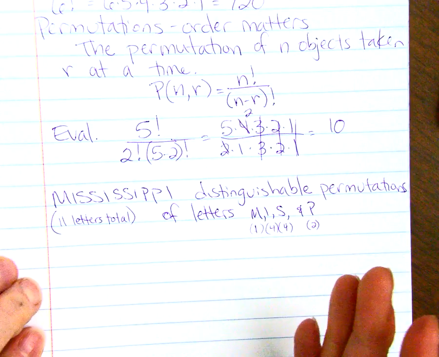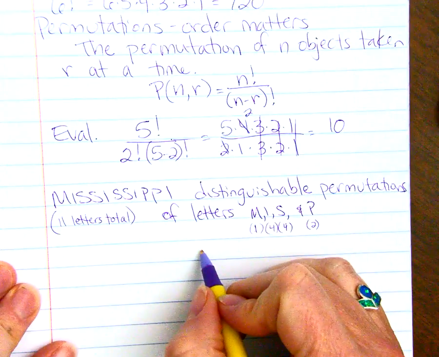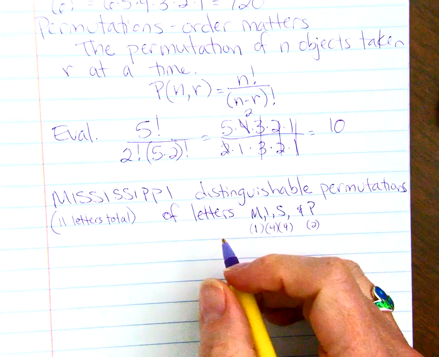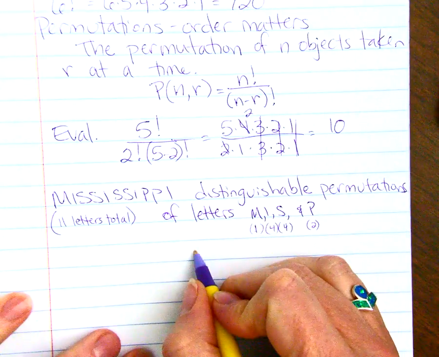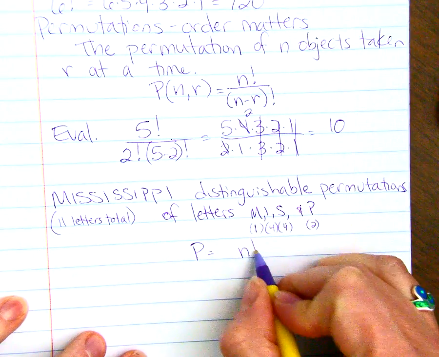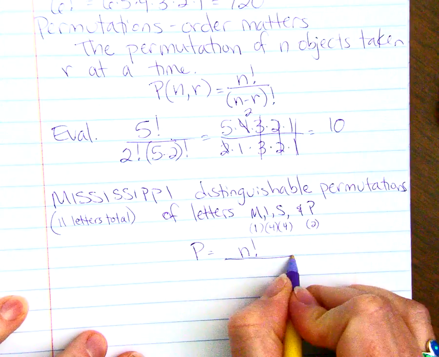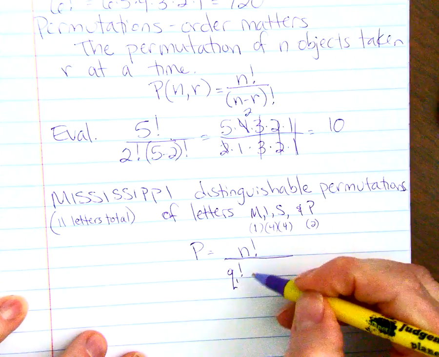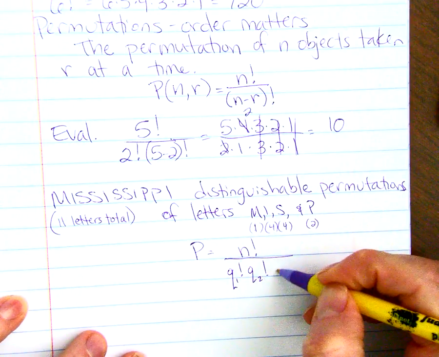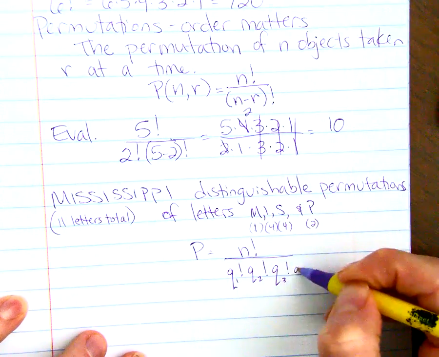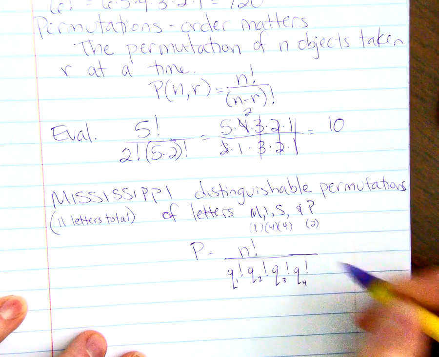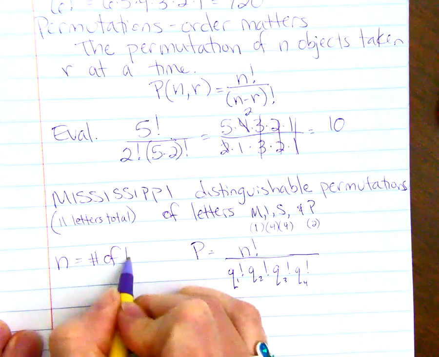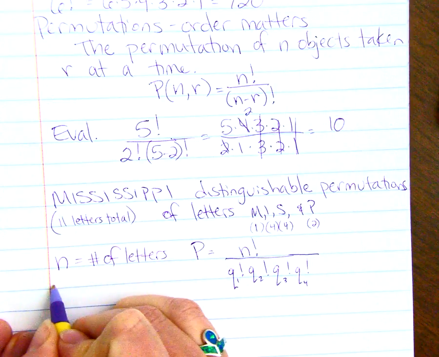The formula that we're going to use is actually found in your book with an example, I think. It's the permutation. You take the total number of letters, then you have to divide out q sub 1 factorial, and I'll tell you what each of those means. n is the number of letters, in this case 11.